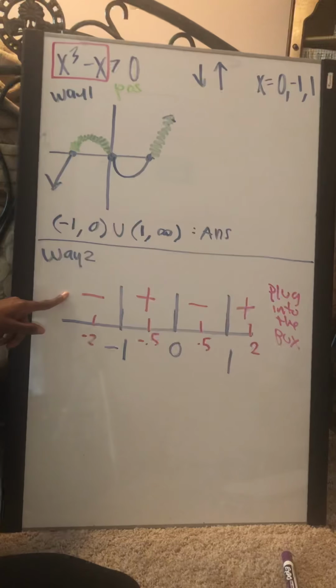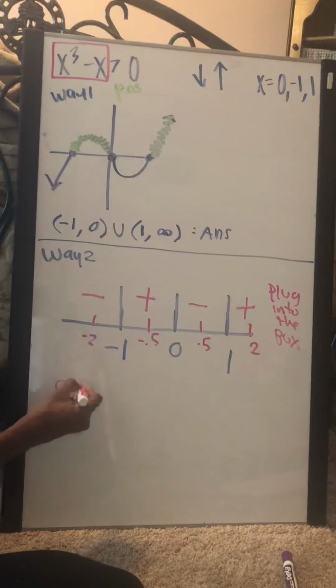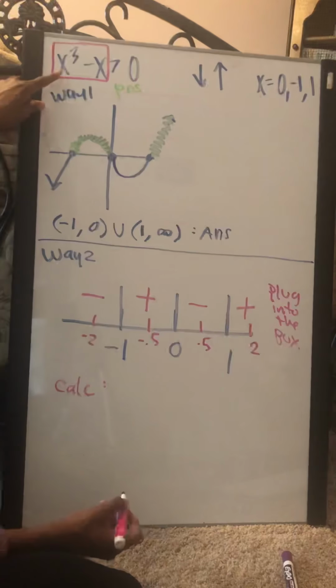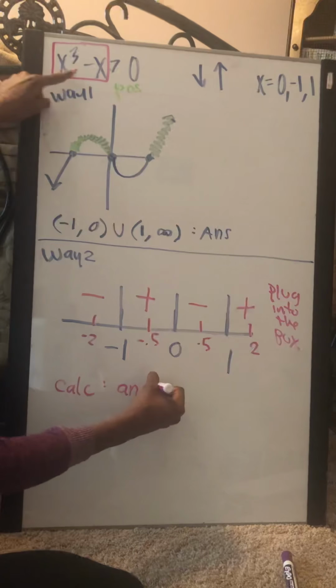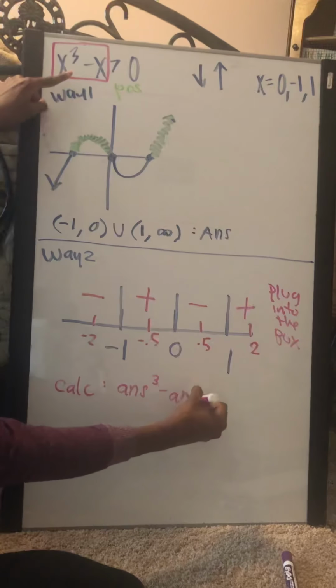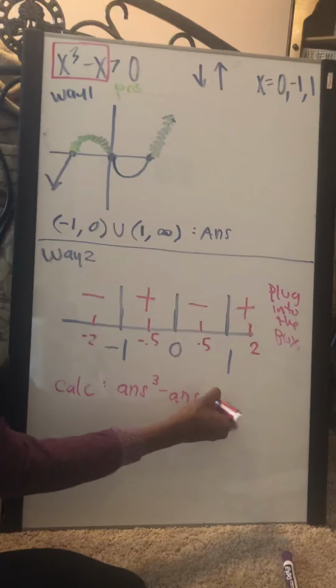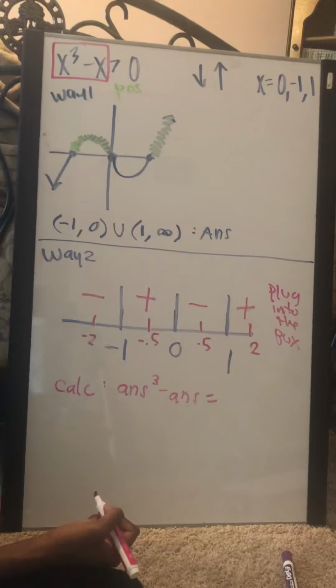Another way to do this more quickly than just plugging it in, remember we have our calculator trick. Instead of x, remember in your calculator you write answer. So this would be answer cubed minus answer, right? You hit equals to save it. And then we go about plugging in our answers.